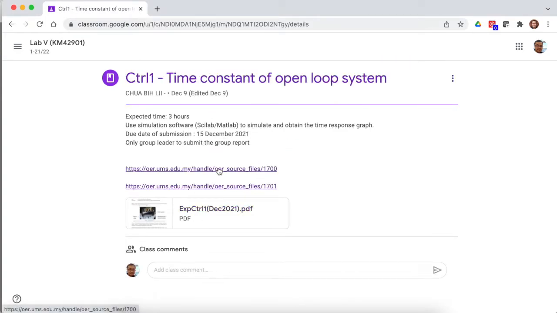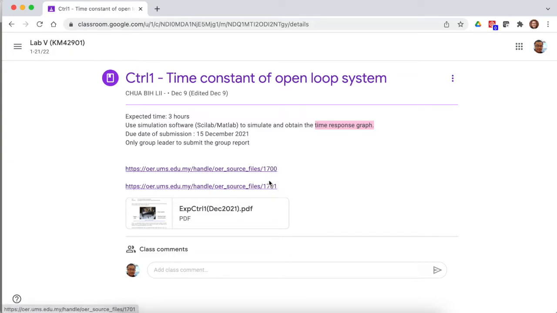guides on how to use Scilab, in order for you to plot the time response graph. So you can download here or just refer back to the control engineering notes, similar to the slides over here actually.